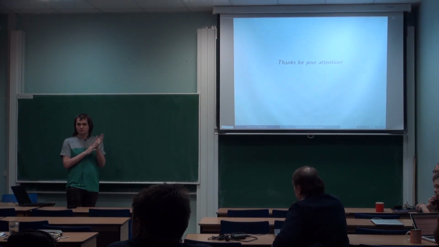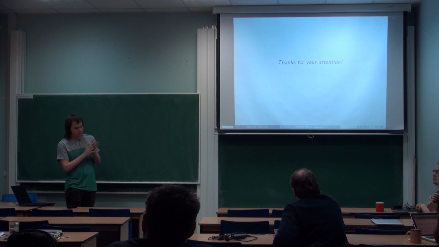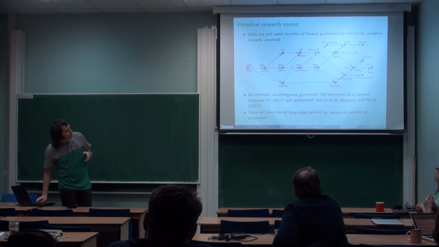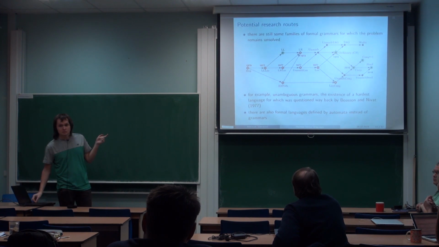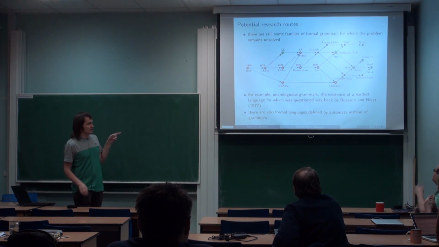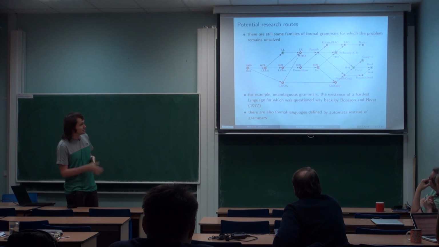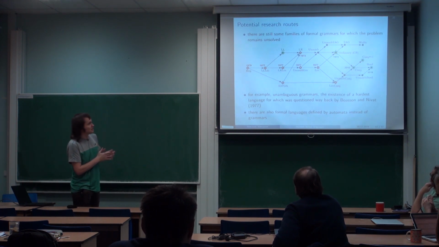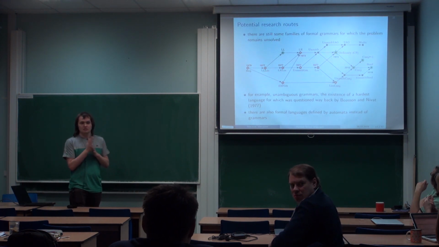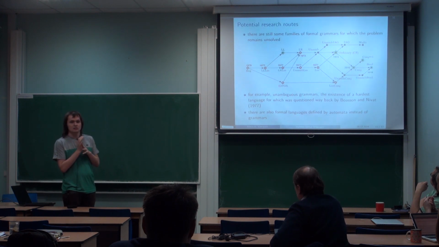What do these arrows on the previous diagram mean, like between languages? The arrows are inclusion. These are language families ordered by inclusion. String inclusion or just any inclusion?